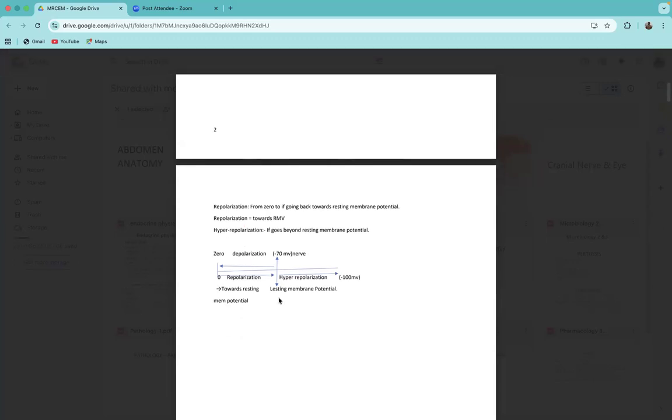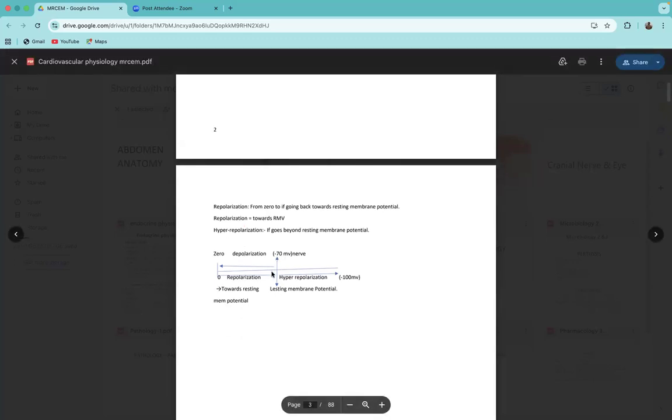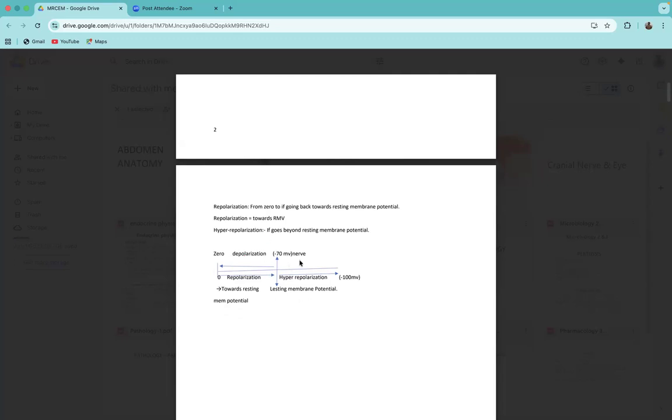Basically, from minus 70 millivolt, the depolarized membrane goes through zero, and then from zero it repolarizes again towards minus 70 millivolt, the resting membrane potential. After repolarizing towards the resting membrane potential, it keeps going, and only then does hyperpolarization occur.